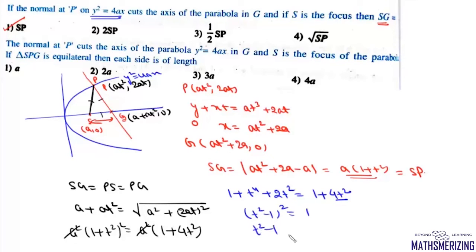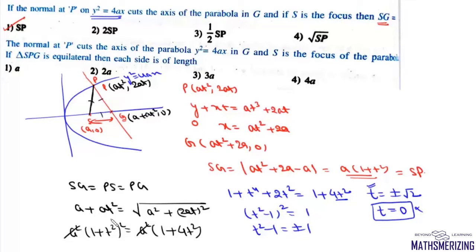So it will be t² − 1 equals +1 or −1. If we take +1, then we get the value of t as ±√2. And if we take −1, then the value of t will be 0. If t is 0, it won't form a triangle. So the value of t should be ±√2.